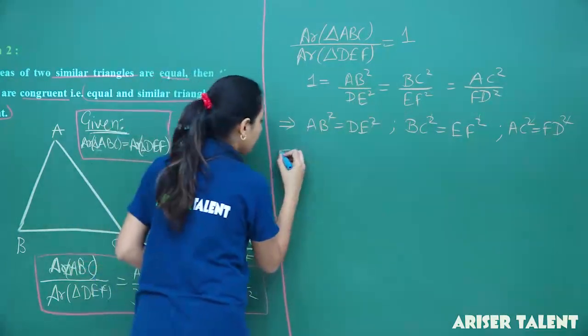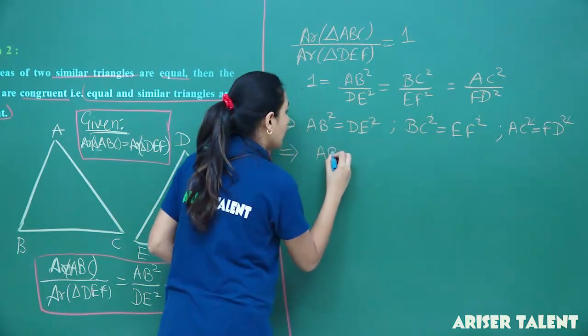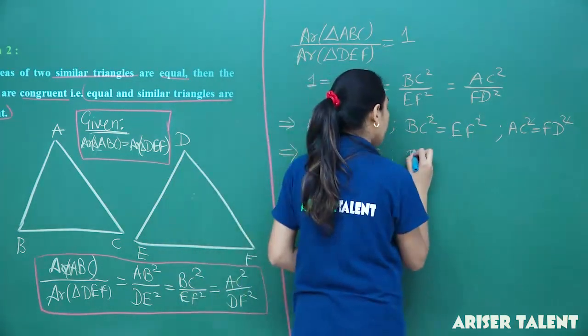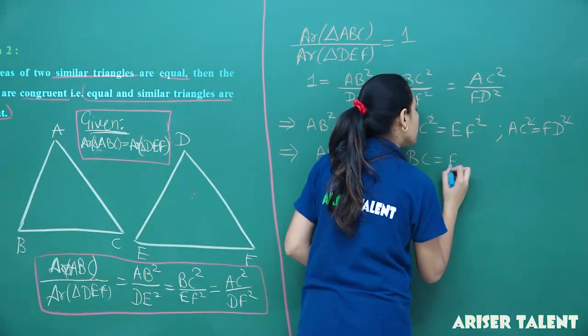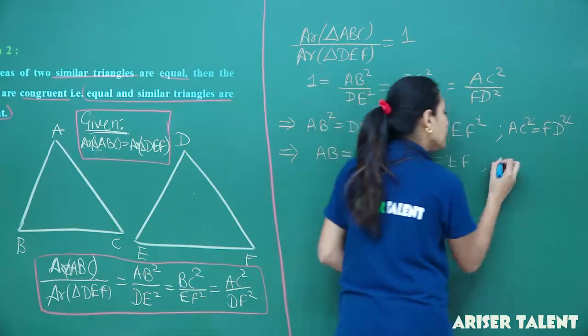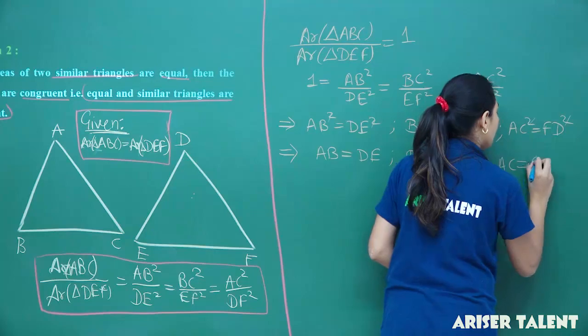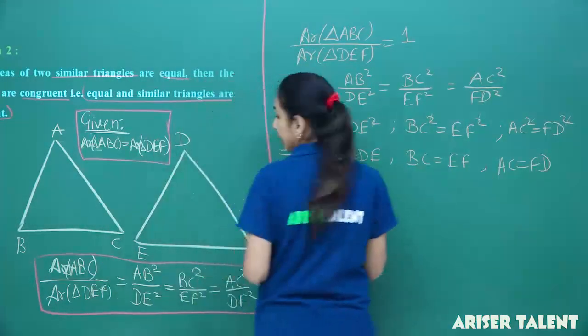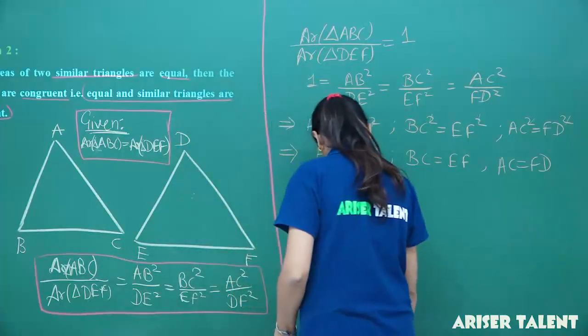So what will be remaining? AB equals DE, BC equals EF, and AC equals FD.